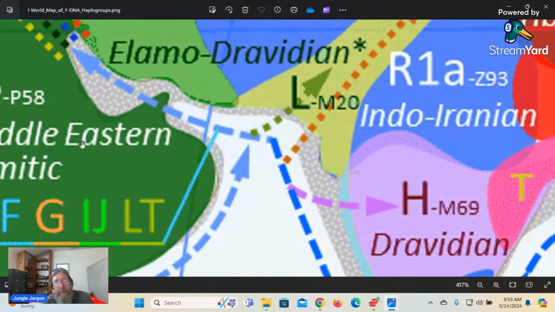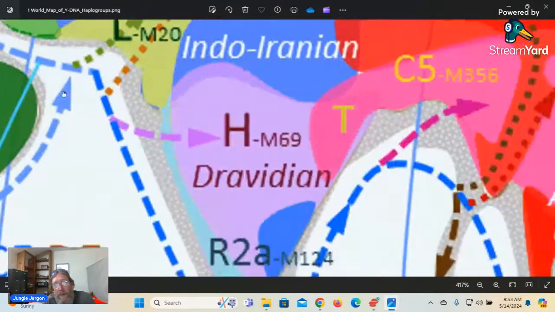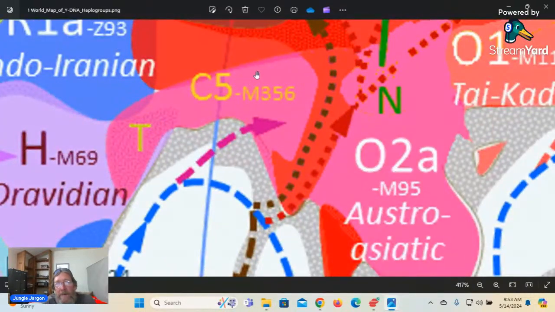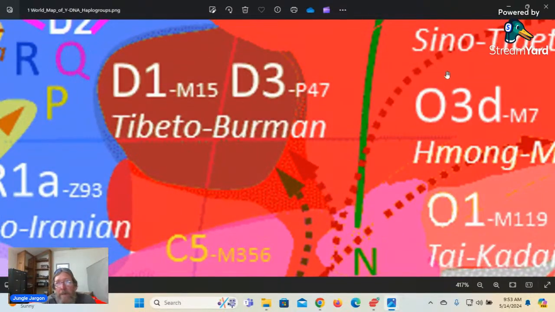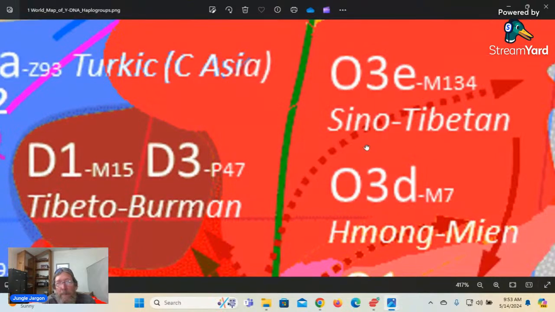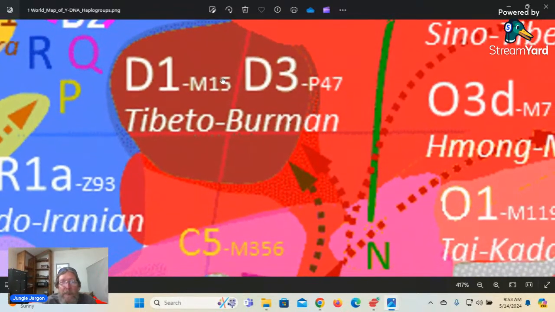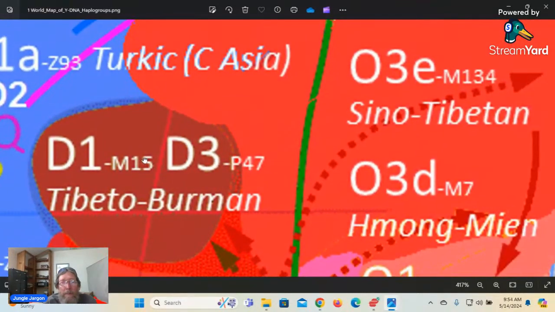But anyways, yeah, so we have a D haplogroup that is linked to the tribe of Sin here. Sinim, which in the Bible is China. They will come from as far as the land of Sinim. That's right there.